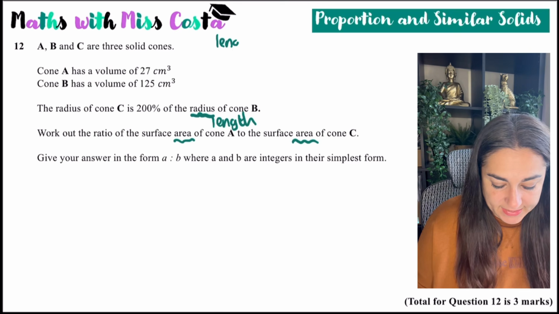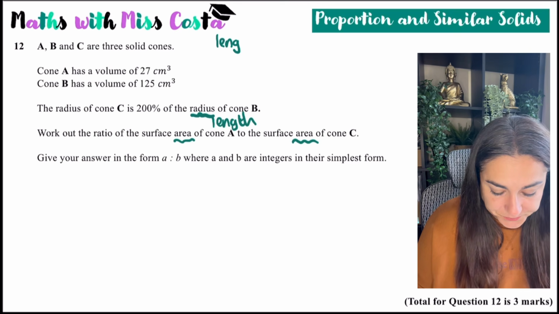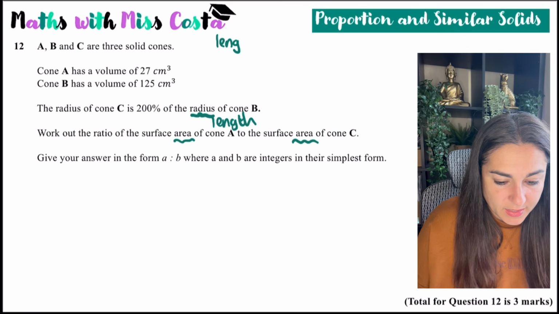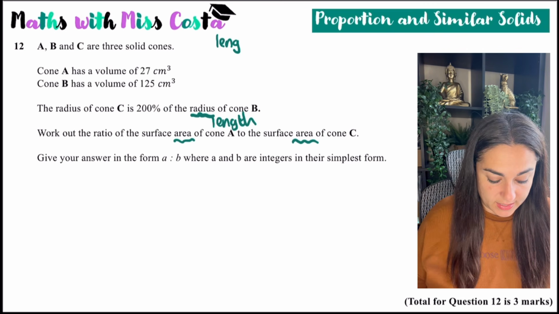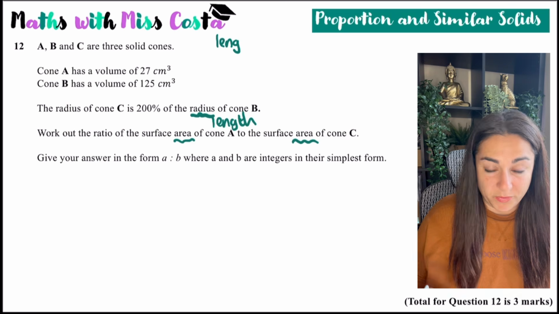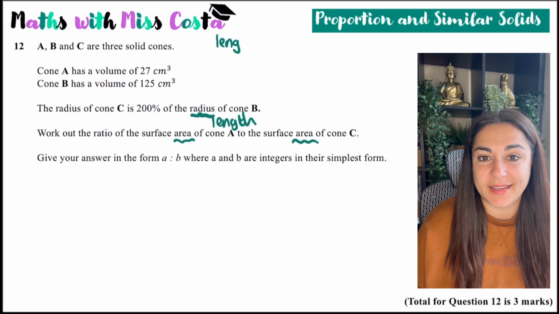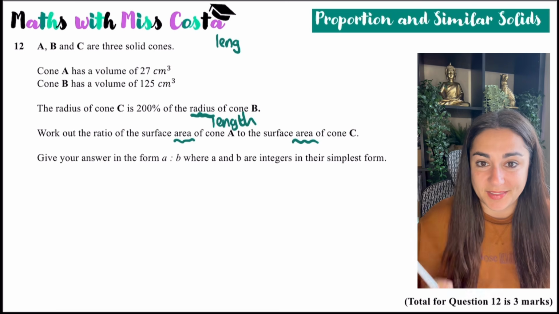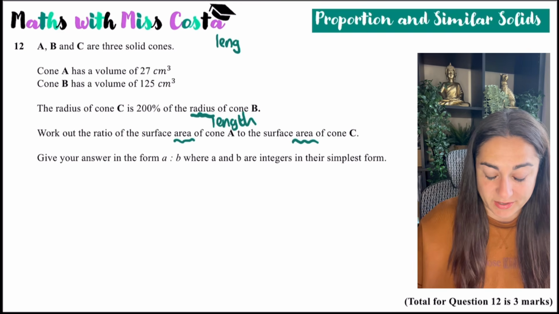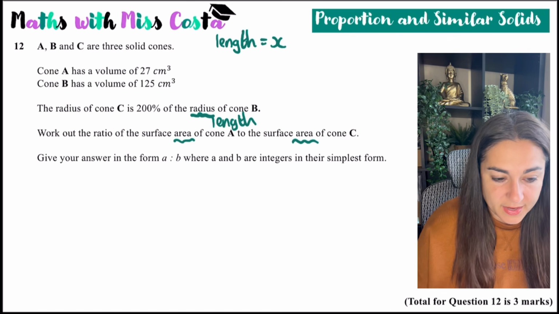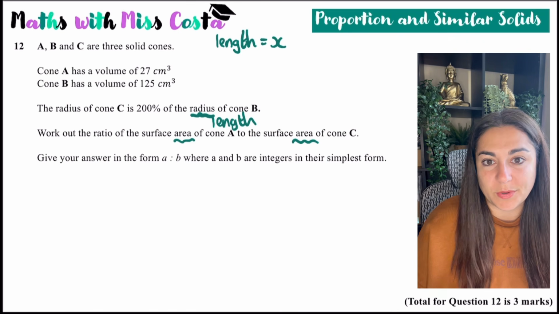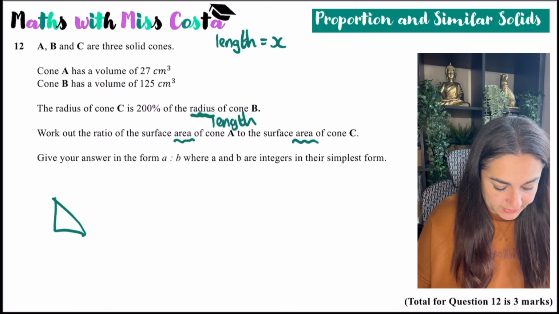So what that means is that with 3D solid shapes, if you know what the length scale factor is, it's going to be in a proportional ratio to the area scale factor and the volume scale factor. In simple terms, let's do a very simple example.